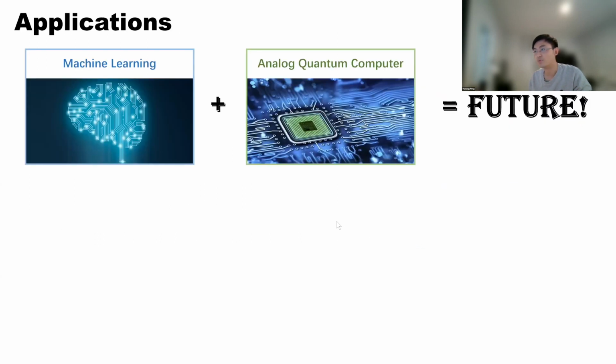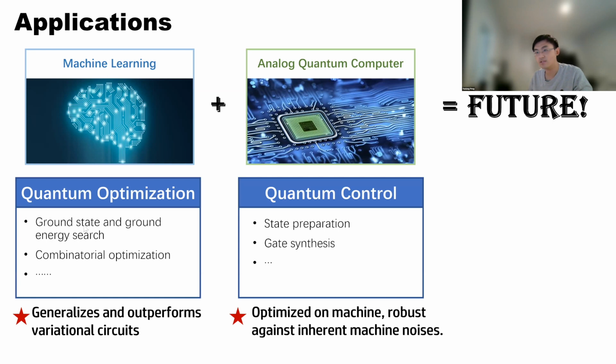For the applications, we want to use machine learning techniques to solve analog quantum computing problems, like ground state and ground energy search for quantum optimization, and some combinatorial optimization problems. Using the analog differentiable quantum computing framework, it can generalize and outperform the variational circuit model.